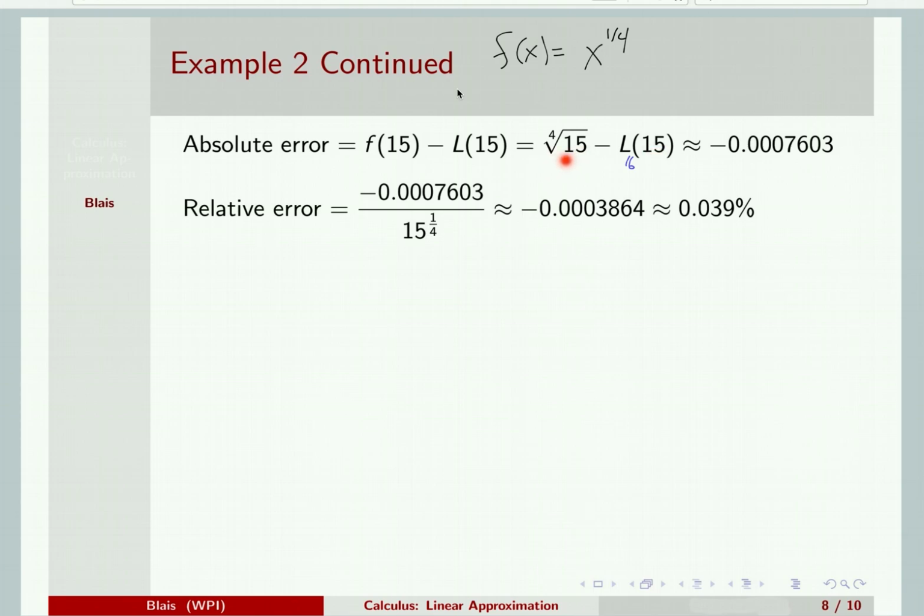So the actual answer minus the approximated answer, the absolute error, was negative 0.00076. And on a percentage basis, the relative error was about 0.04%, which is pretty small. And so it's always good to be conscious of your error anytime you're doing an approximation.